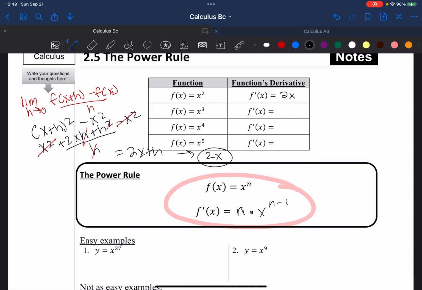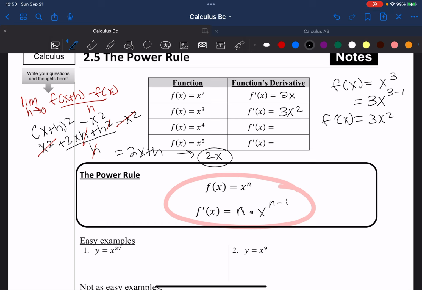Let's look at the example f of x is equal to x to the third power. I'm just going to write it a little bigger off to the side. We know that the exponent 3 is n, so I'm going to bring this to the front and subtract 1. When I do that, I get 3x to the 3 minus 1, which is 3x squared, which means the derivative of x cubed is 3x squared.